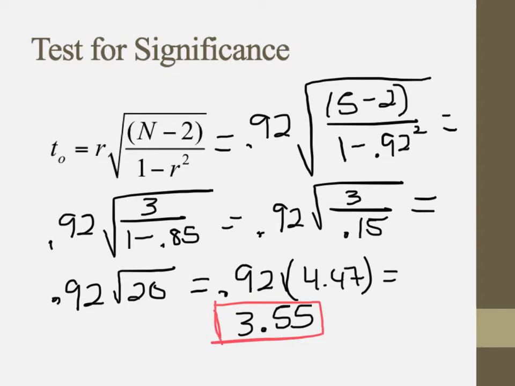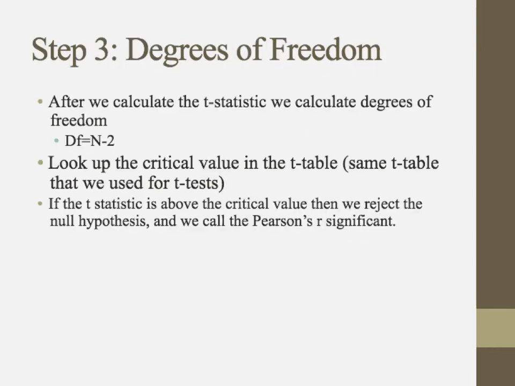Now we can take this and move on to step 3 in our 5 steps of hypothesis testing. We need to calculate degrees of freedom, and the equation for degrees of freedom is n minus 2.